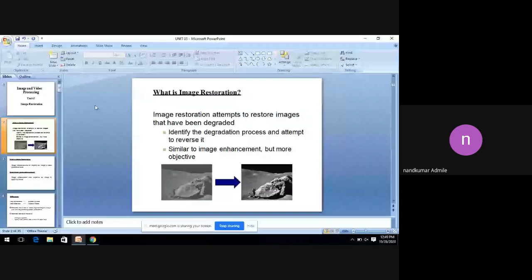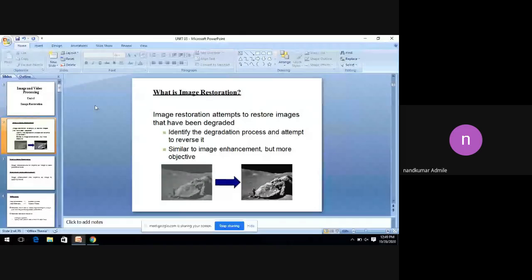The left hand side image consists of some blurriness, so it might be affected due to noise. By using image restoration we can remove that particular noise and at the end of the output we'll get a more accurate image. Basically image restoration is similar to image enhancement, but we apply the inverse technique.